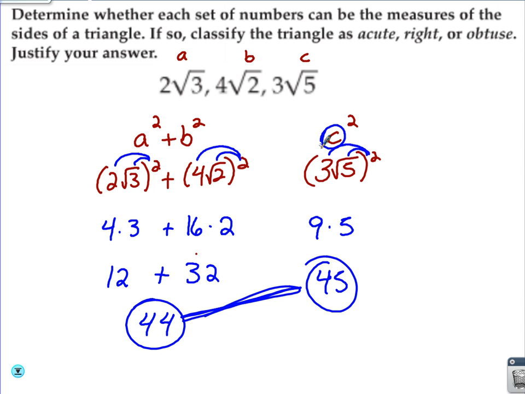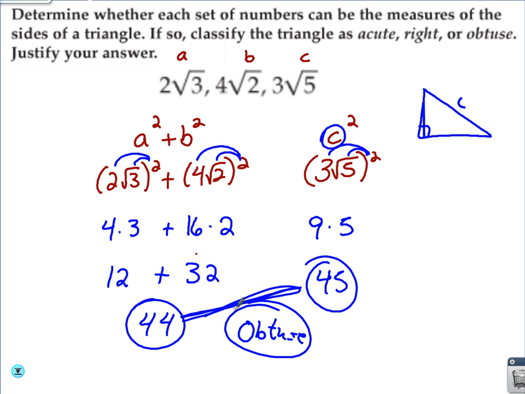The C side is slightly larger. If A squared plus B squared equals C squared, then you have a right triangle. If I make C slightly bigger, Carson, what kind of triangle would it be? If I make C slightly smaller, it would be acute.